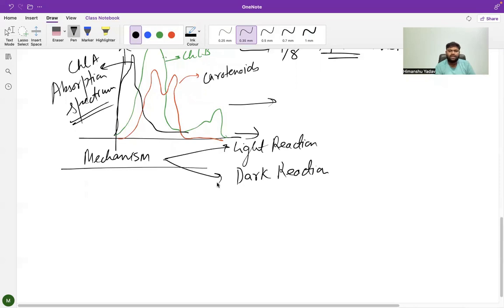So what is happening is that you need to understand that the light reaction is also the photochemical phase. इसको हम लोग photochemical phase भी कहते हैं.